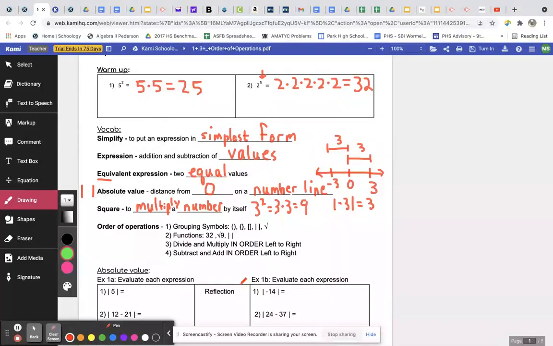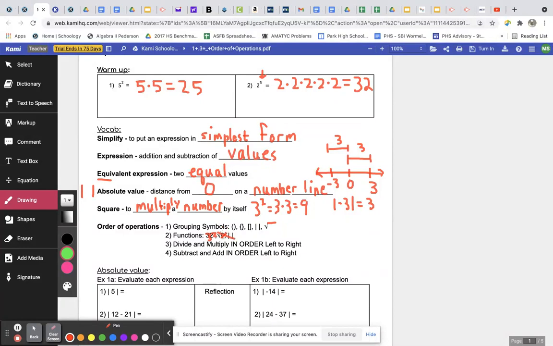You may remember the order of operations. We do grouping symbols first, so parentheses, absolute value, and square root are included in that. Then functions, which should be 3 to the second power. So by functions, we mean exponents.